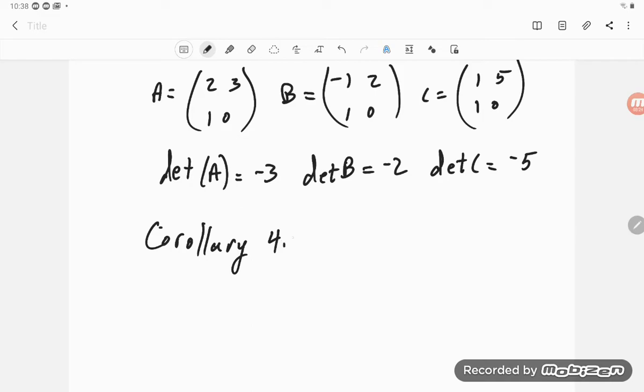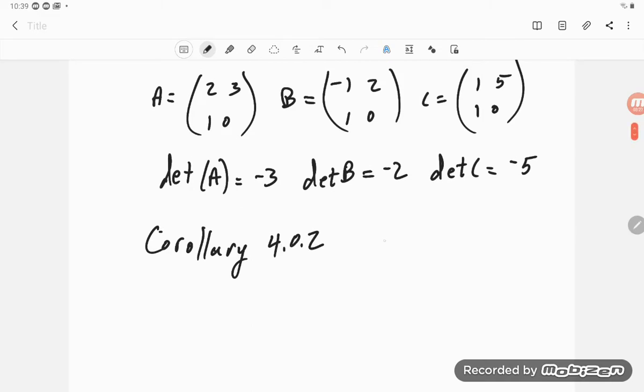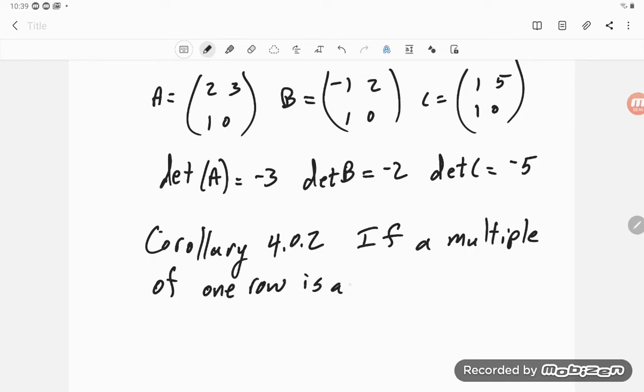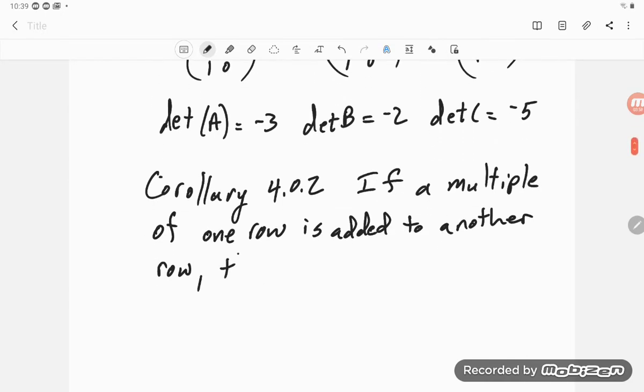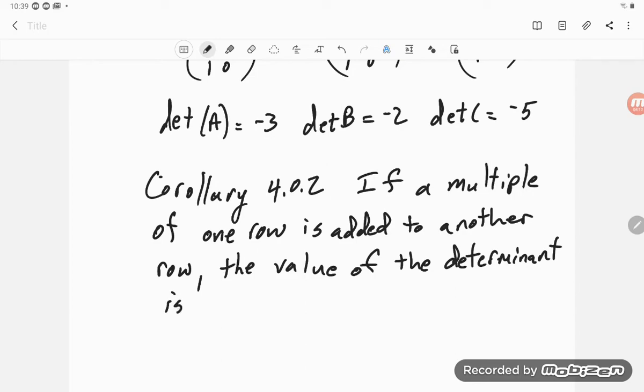So corollary 4.0.2, if a multiple of one row is added to another row, the value of the determinant is unchanged.